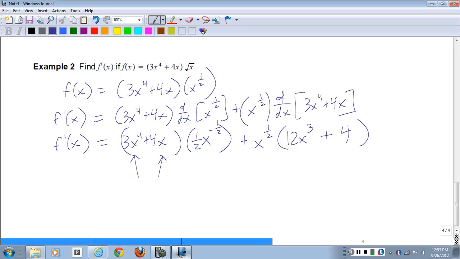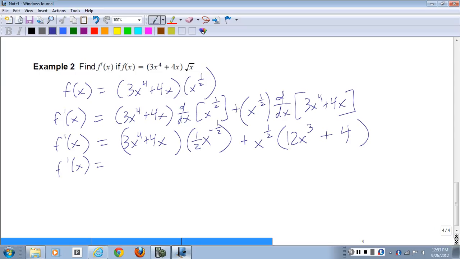And I think I would like to factor out that x before we do anything else. So f prime of x equals, we factor out a 4 out of the last. We could factor out a 4 there.